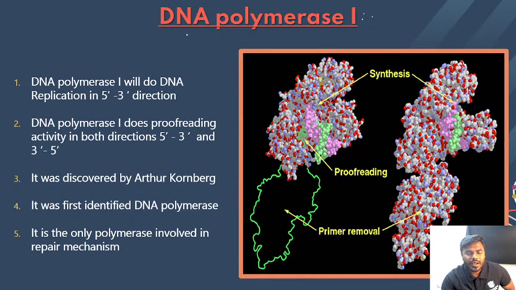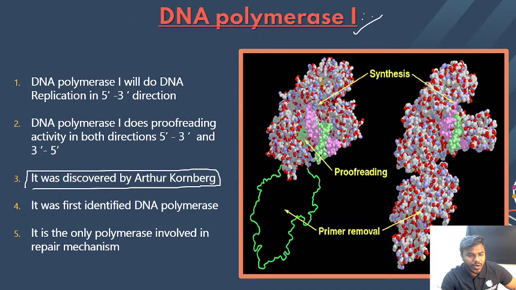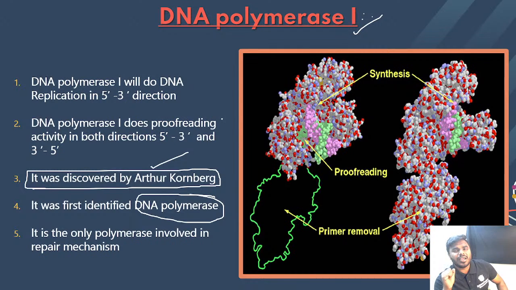The first one, all the scientists thought that there is only one DNA polymerase, polymerase 1, because this is the first polymerase actually identified. It was discovered by a genius molecular biologist named Arthur Kornberg, and it was the first identified DNA polymerase. All the scientists thought that, of course, there is only one DNA polymerase enzyme present.